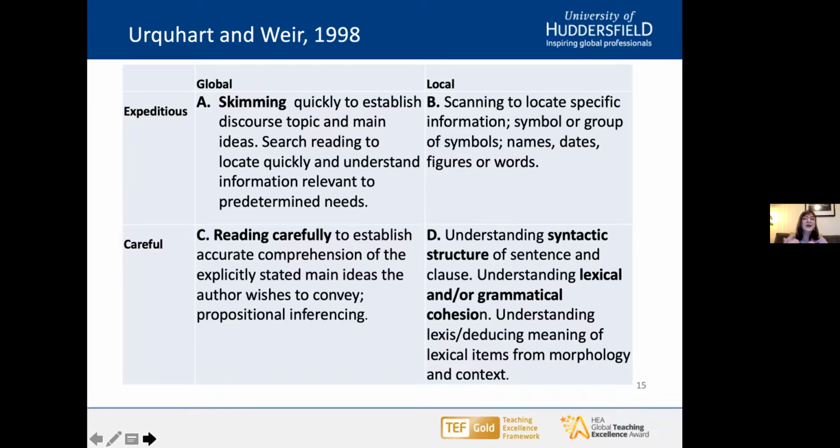However, when we need to do a content search based on semantic relatedness of certain concepts, understanding the relevance of part of the text to our predetermined goals, this is called search reading.